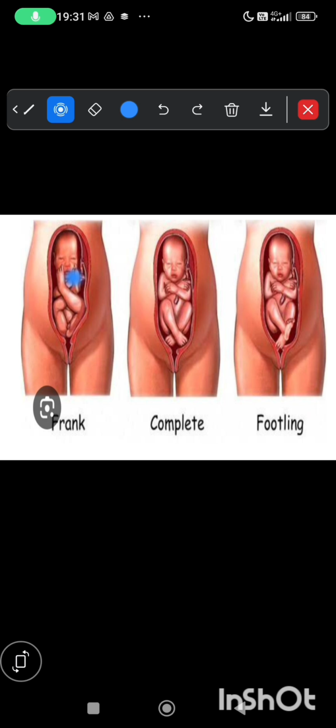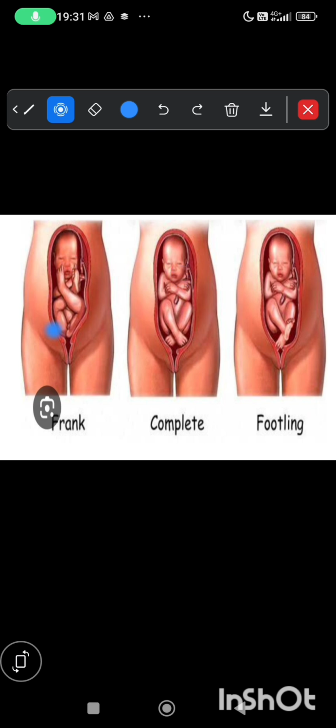Now complete breech. In complete breech presentation, here we can see again the fetus is cross-legged, but now the feet are not near the head or upper body, and presenting parts could be buttocks, and here knees and hips are just flexed.